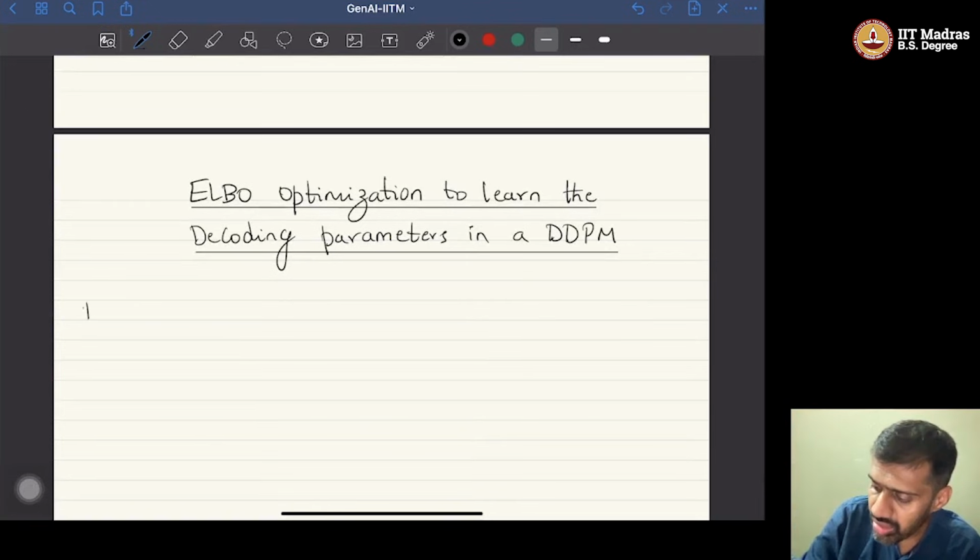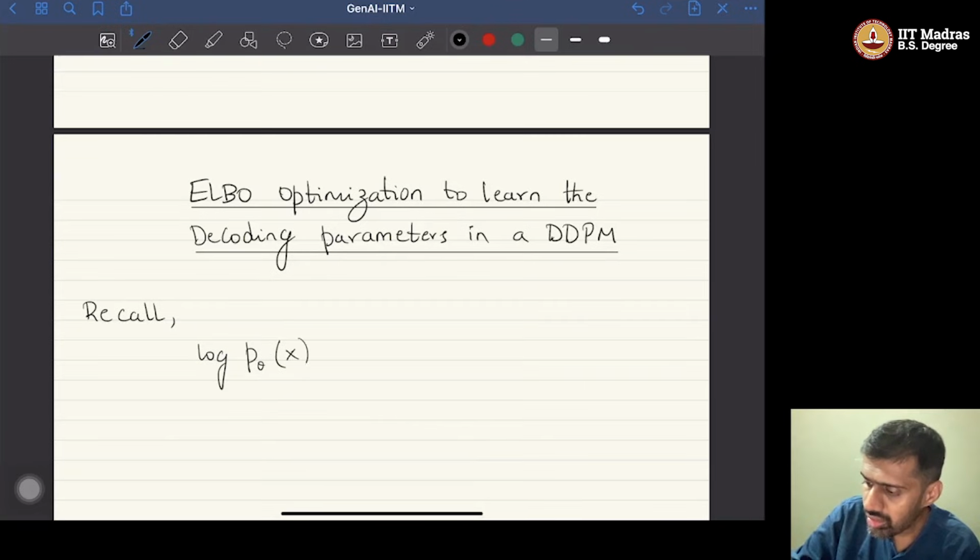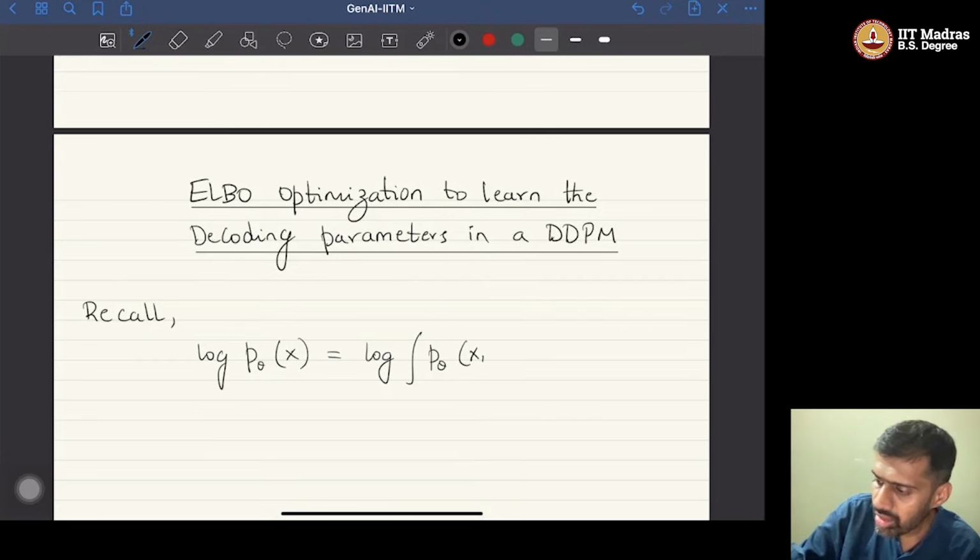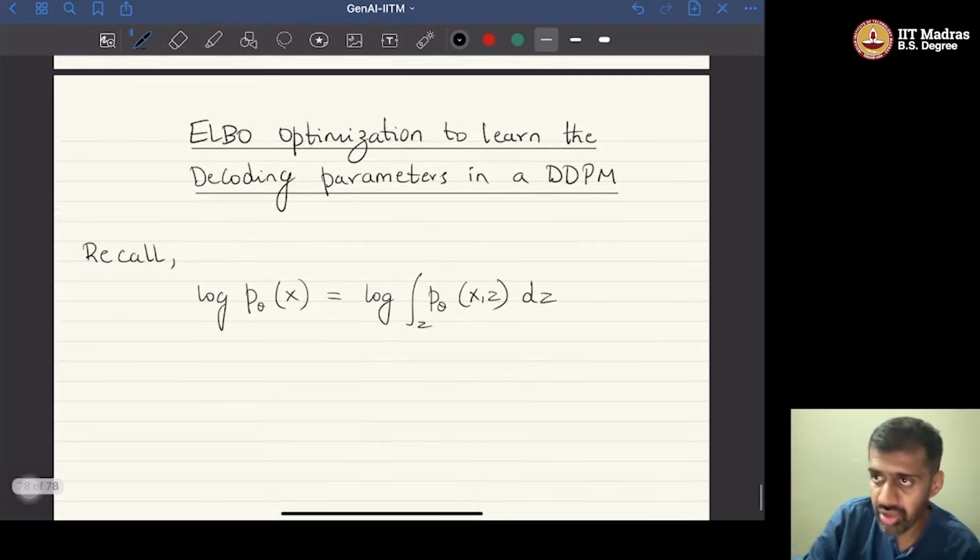Please recall that in ELBO optimization we start with the log of the likelihood. I am just going back to the previous notation here, which was given by the marginal of this. This is the definition of a latent variable model, right?